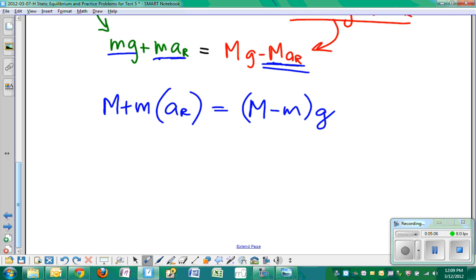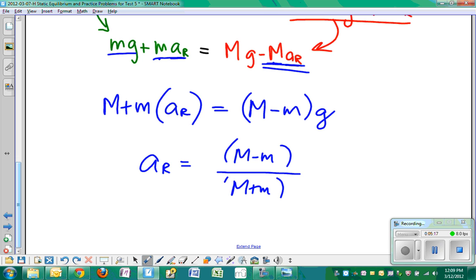Got that? So now what happens? I divide through by big M plus little m. I get the acceleration of Robin Hood is equal to big M minus little m over big M plus little m times g, which you'll see is exactly the same as we got before if you go back and check that other one. Okay? And that's taking upward to be positive and Robin Hood's to be positive.